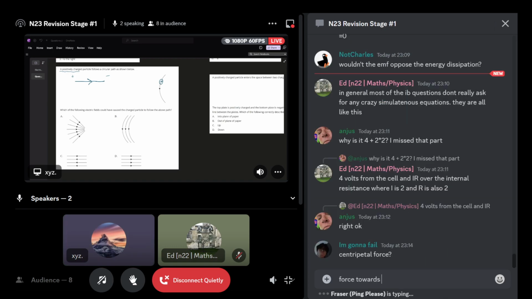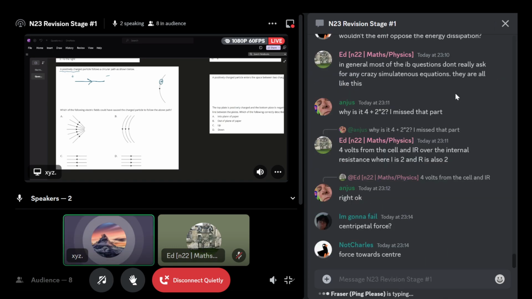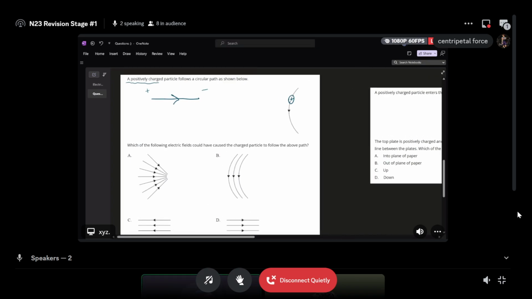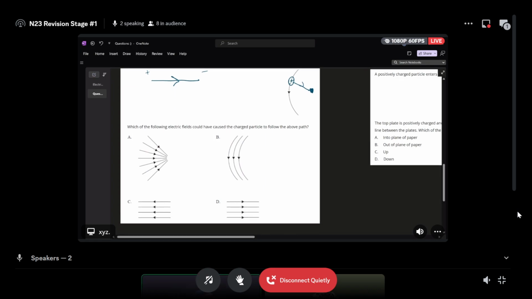Anything. There's a centripetal force. Very good. Force towards center. Always. Very good. So, in order for there to be a centripetal force here, we want the force vectors acting along this path on the positive charge to always be pointing towards the center of rotation.